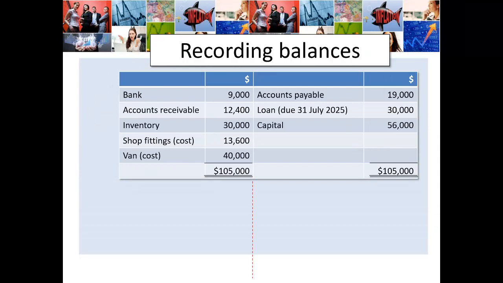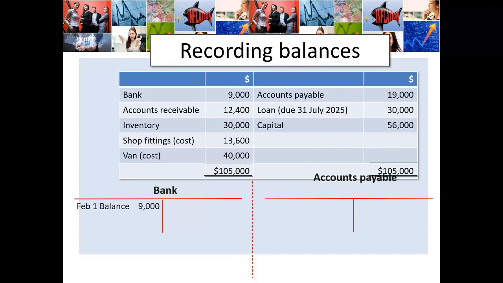Right, recording balances. Let's have a look here. We've got a left hand side, we've got a right hand side corresponding to that accounting equation. Bank, an asset on the left hand side. So the bank, we can see there, has a balance of $9,000. That balance goes on the left hand side.